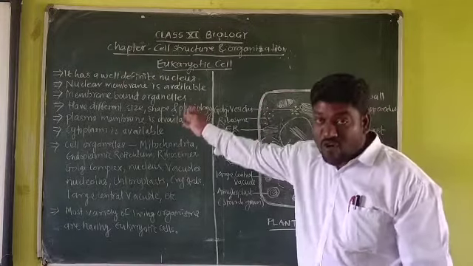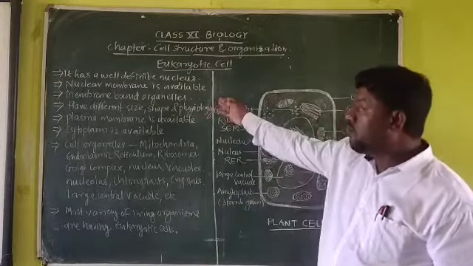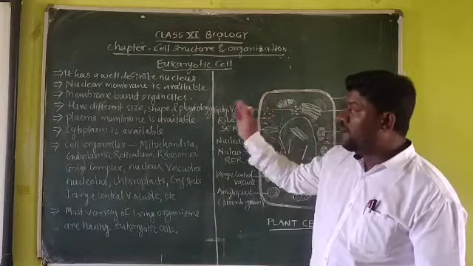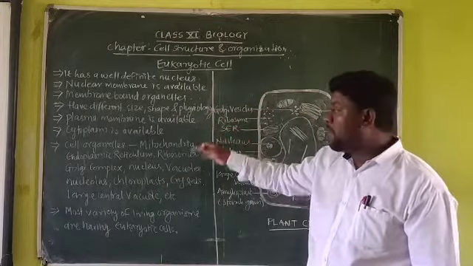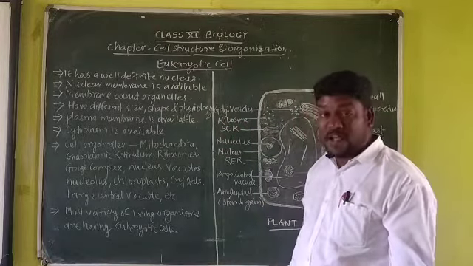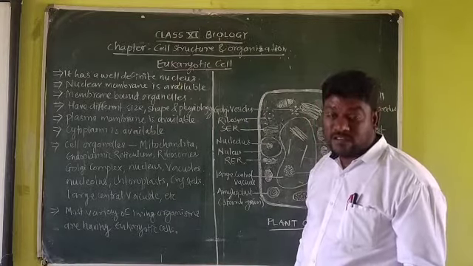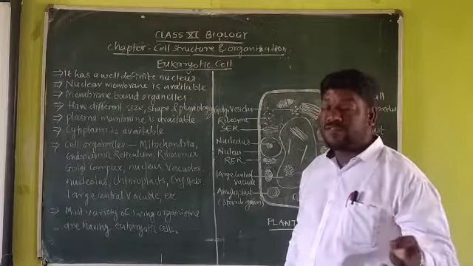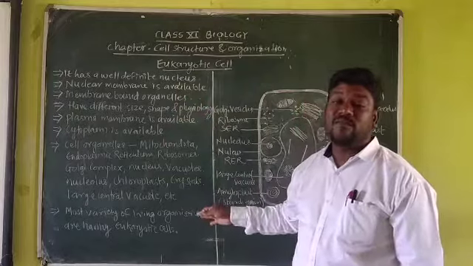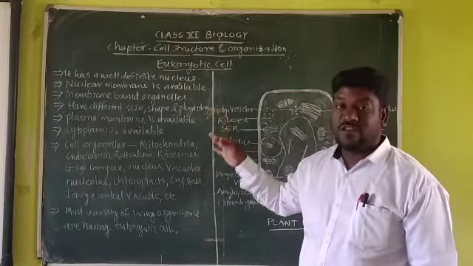Because all these characteristics are covered inside such a cell. A well-defined nucleus, nuclear membrane and plasma membranes are available, and different physiology is there for different cells: plant cell, animal cell, bacterial cell, all cells have different physiologies. So most of the variety of organisms is contained in the eukaryotic cell.